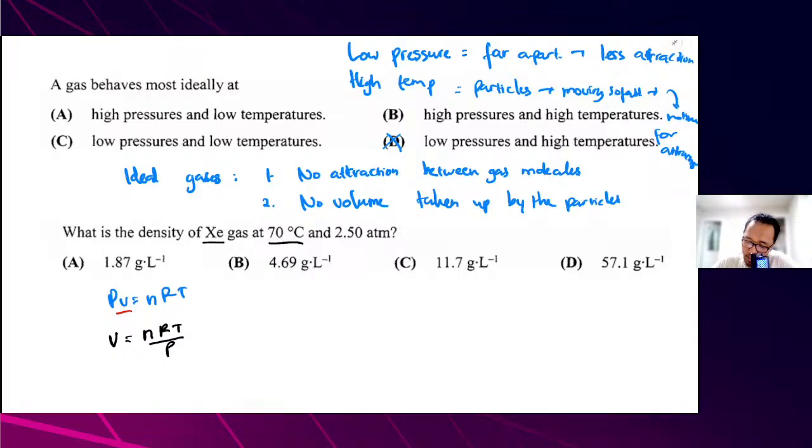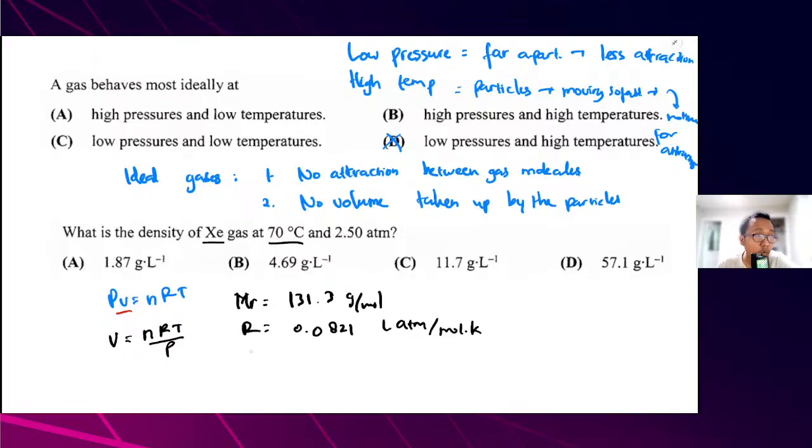So we know the Mr, or molar mass, of Xe is 131.3 grams per mole, and R is 0.0821 liter atm per mole Kelvin.